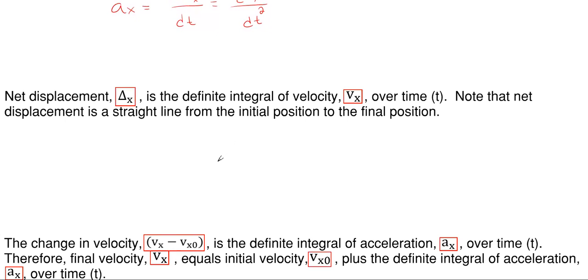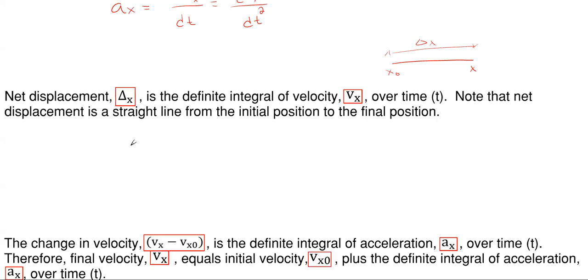Net displacement. Net displacement is shown as delta x. Pretty much anytime you see a delta, that is representing displacement or change in position. It is the definite integral of the velocity v sub x over time. Please note that net displacement is a straight line from the initial position to the final position. Very similar to what I wrote earlier, you have your initial position and then your final position. Well, that difference there is delta x.